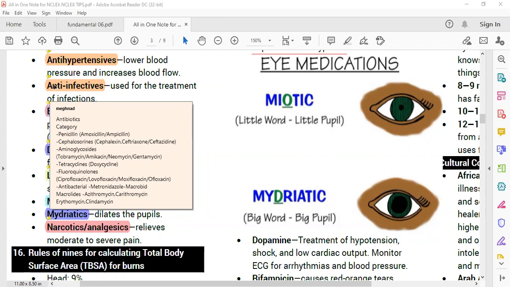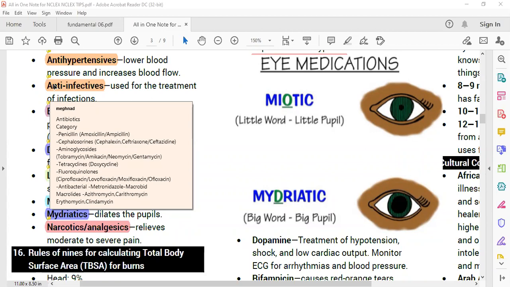The first group here, penicillin, we use for gonorrhea, pneumonia, or urinary tract infection. So if your patient needs to take penicillin, first ask about the history of allergy.